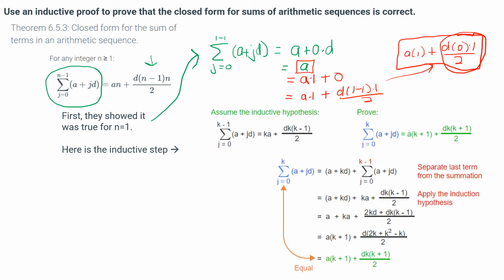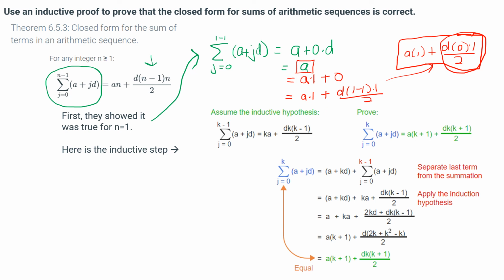Now let's talk about some of this other stuff. They said, here's the inductive step. Here's the inductive hypothesis that it's true for k, for n equals k, right? So we're replacing the n everywhere here in the original with k.